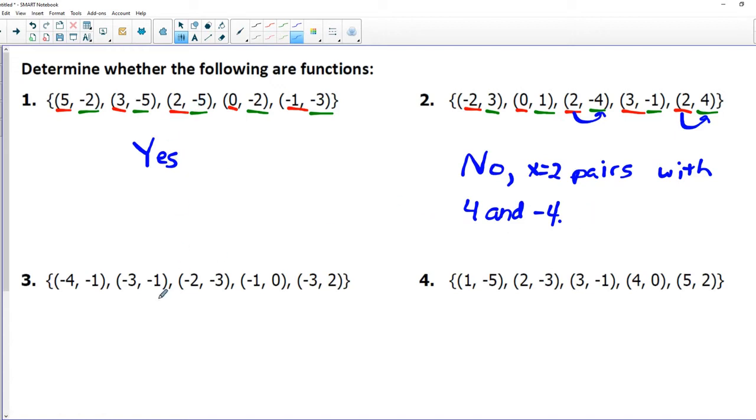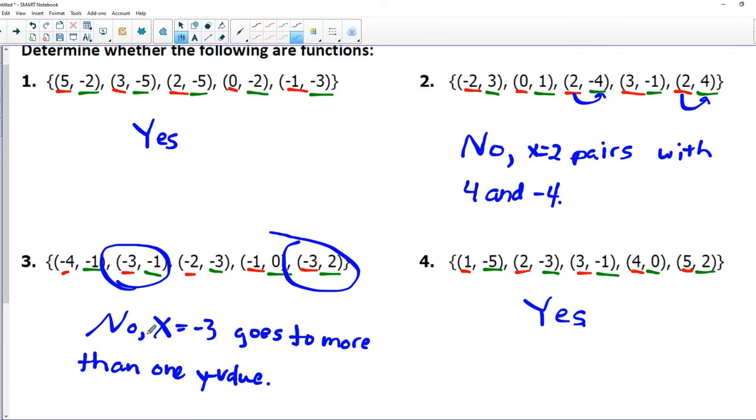All right. So these next two examples, maybe pause the video here, take a look at them, and see if you can tell which one is yes, which one is no, and then if it's no, be able to explain why. Okay, so hopefully you thought about this.